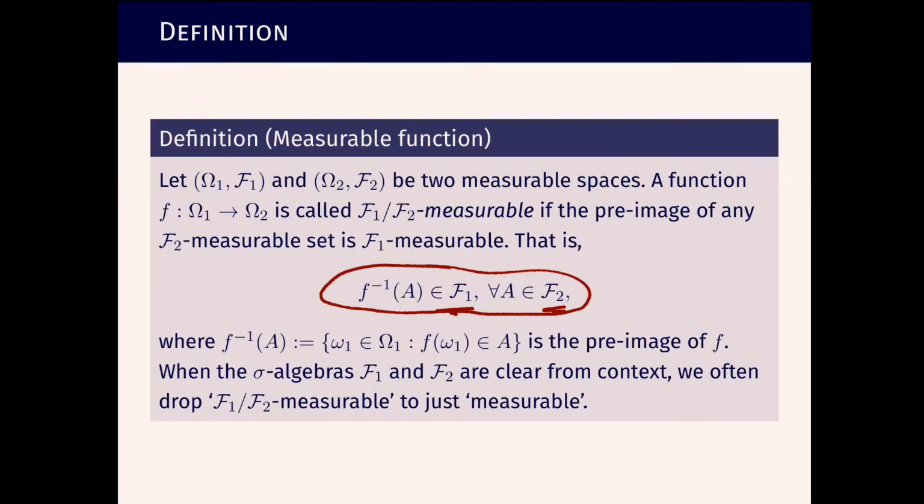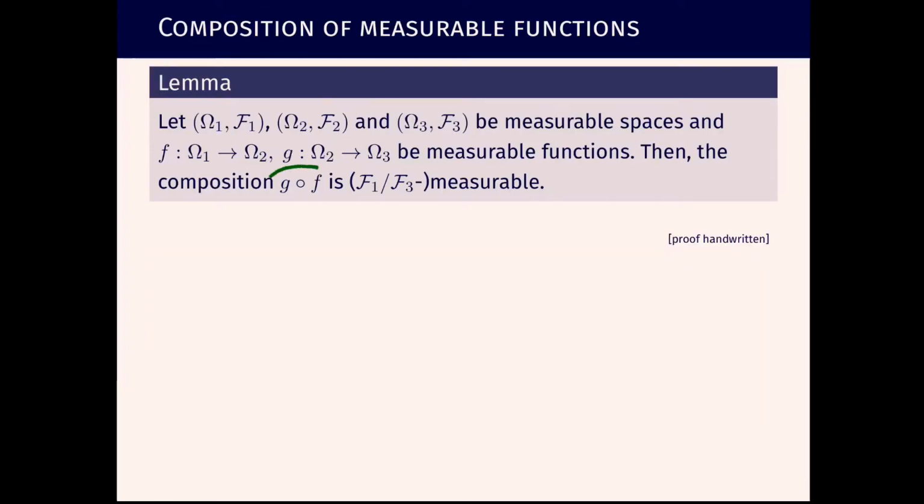So, again, a quick review: a function is measurable if the pre-image of measurable sets is measurable. Composition of measurable functions is measurable.